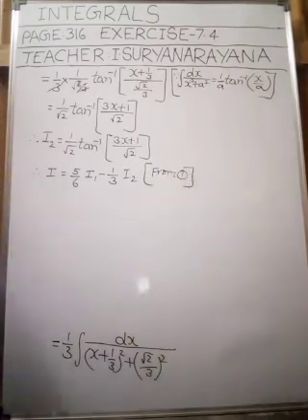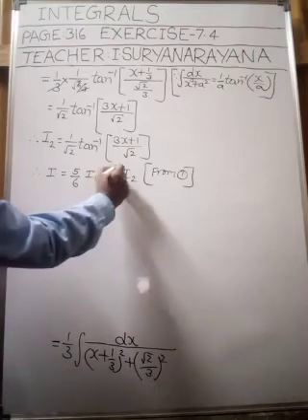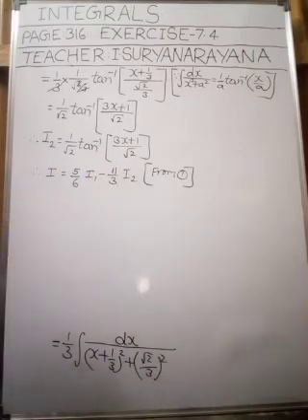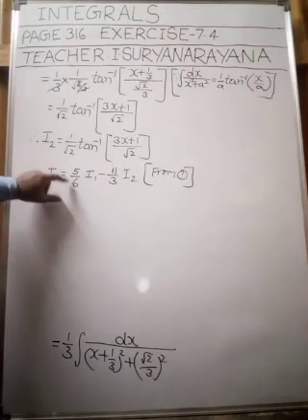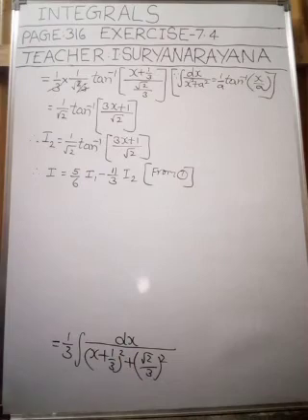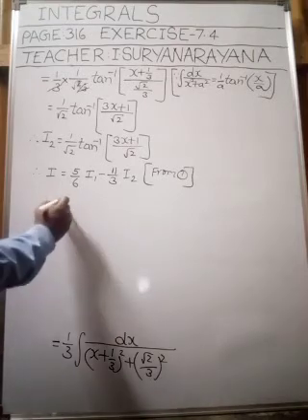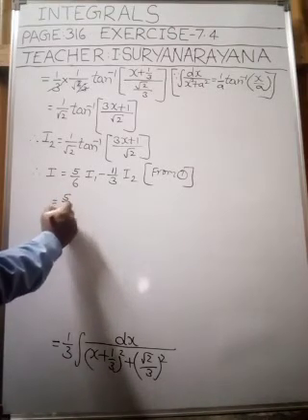Isn't it or not, my children? 5 by 6, A value is 5 by 6. So 5 by 6 I1 minus 11 by 3 I2. So substitute 5 by 6.